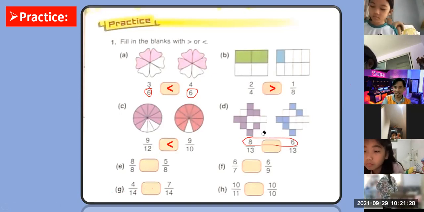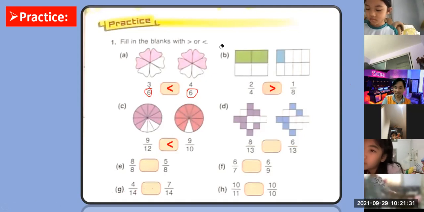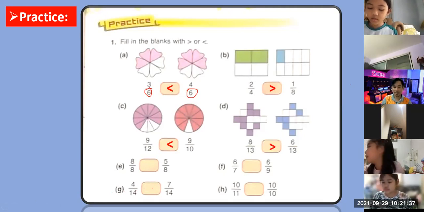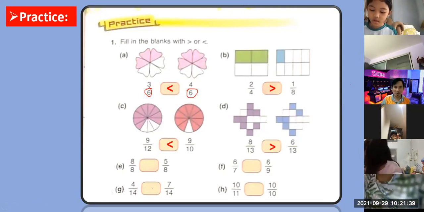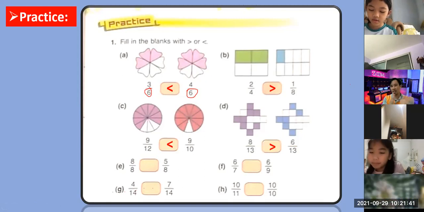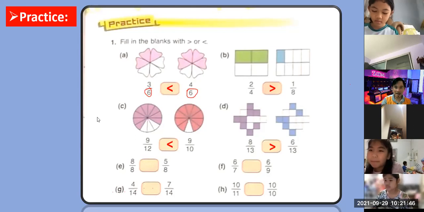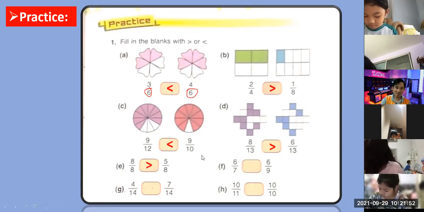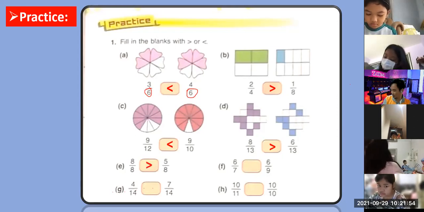The answer is greater. 8 is greater than 6, right? When you were in grade 1, you compared which is greater, 8 or 6. So of course 8. Here letter E, 8/8 and 5/8. Of course 8/8 is greater.